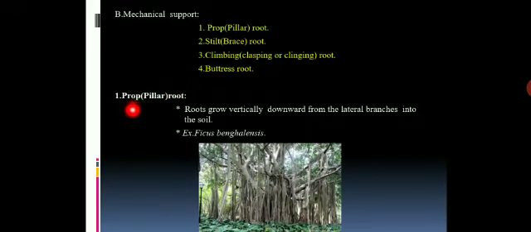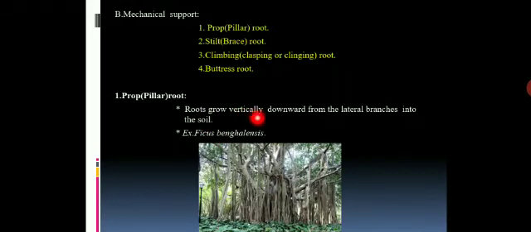What is the meaning of prop root? Prop normally means a pillar-like structure. In some trees, they contain a pillar for support. For example, Ficus bengalensis, the Indian banyan tree, Alamaram in Tamil.